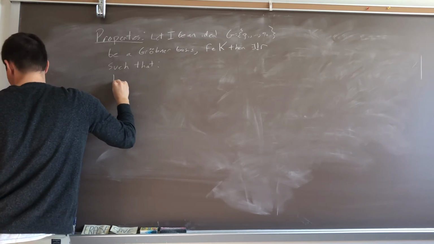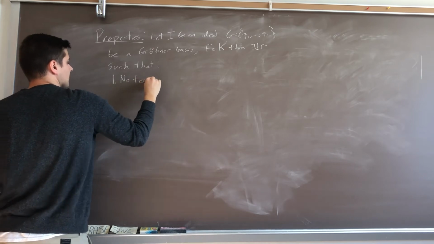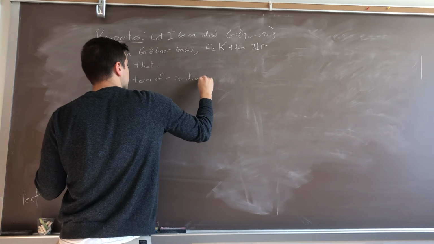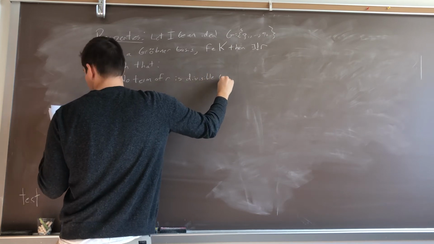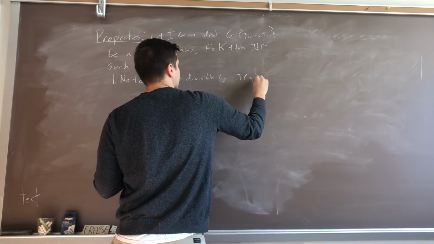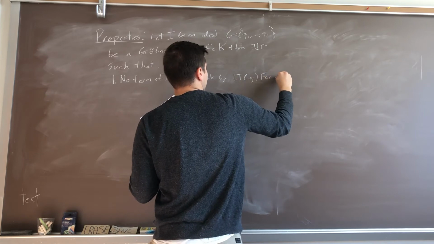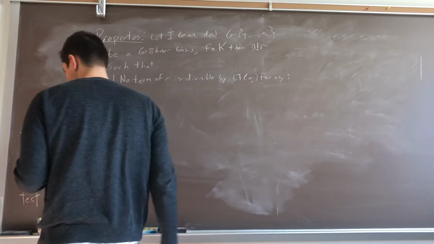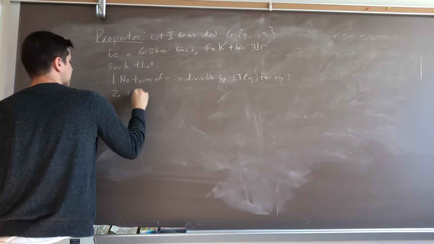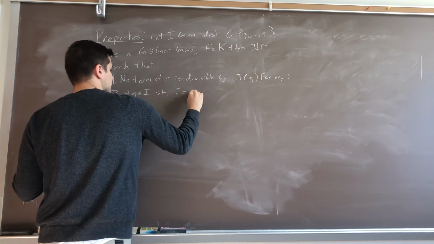The first one, that no term of R is divisible by the leading terms of any of the g_i, for any i. And that there exists g in I such that F equals g plus R.